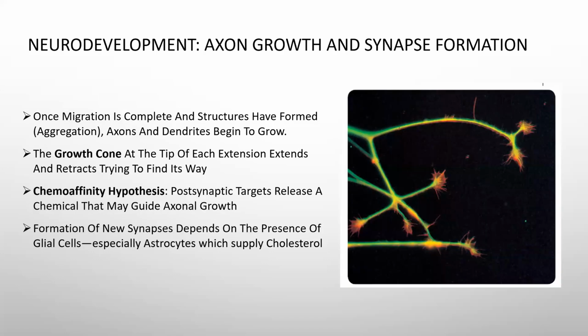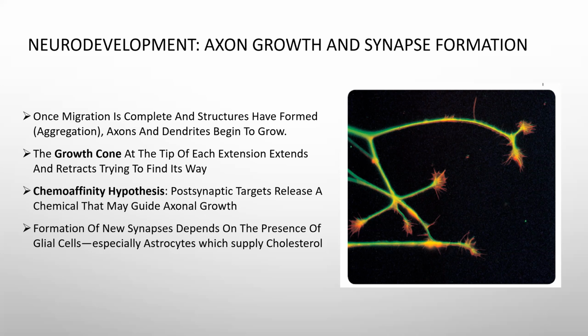Then once migration is complete and structures have formed, the aggregation part, axons and dendrites begin to grow. So now we're on to the phase of axon growth and synapse formation. The growth cone at the tip of each extension extends and retracts, trying to find its way.